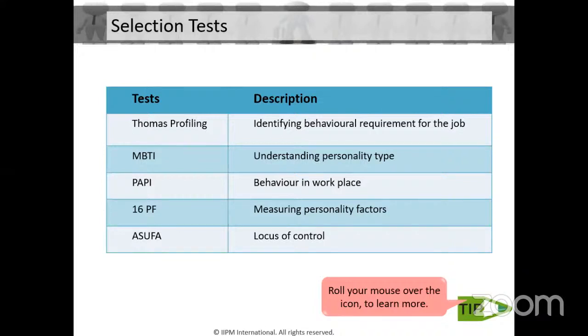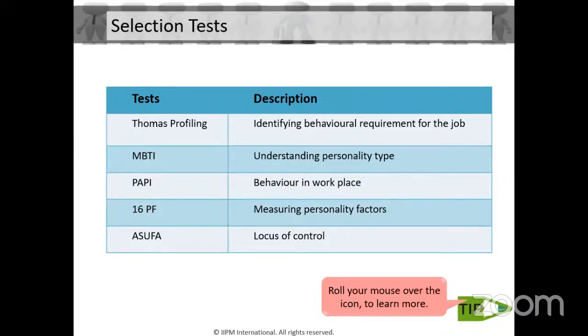And he said he did not see it as 9,999 failures. He simply saw it as 9,999 ways through which the incandescent light bulb cannot work. And that answer became an epic answer that has been talked about from generation to generation. So this is very, very key. The Thomas profiling helps you to identify behavioral requirements for the job.